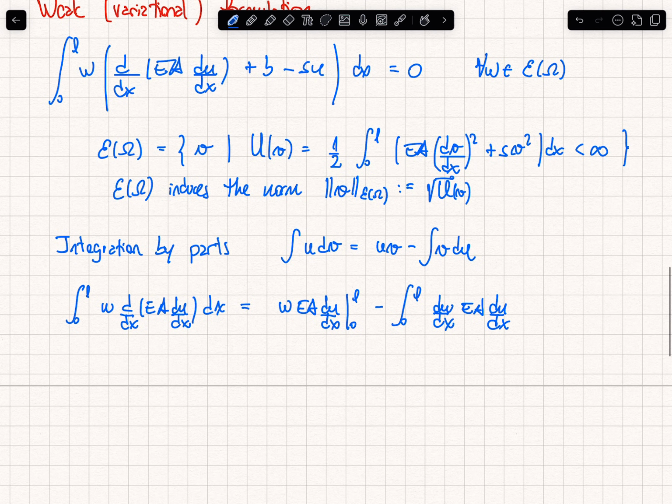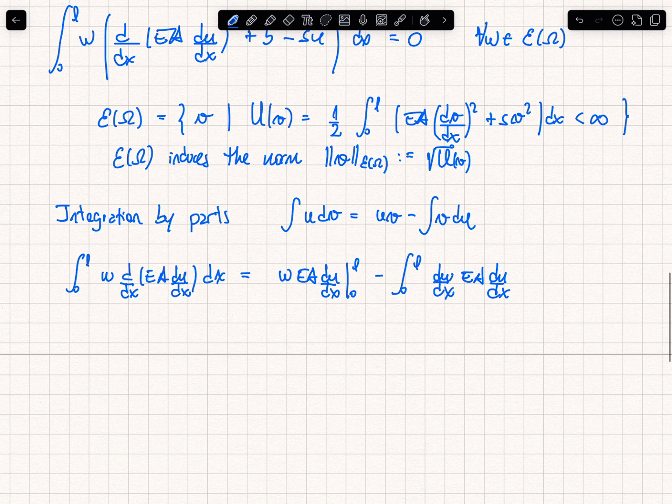Yeah? And something interesting happens here. The moment I do integration by parts on that term, you notice that something pops up. What is that? The boundary conditions pop up, right?